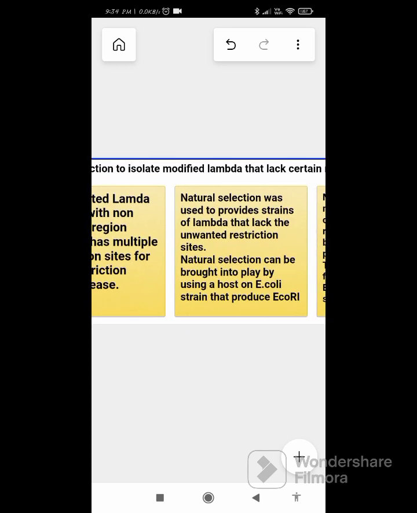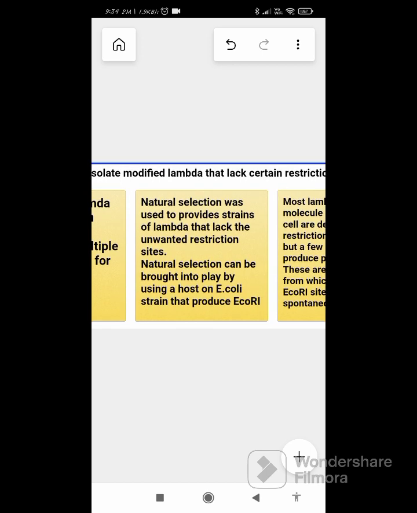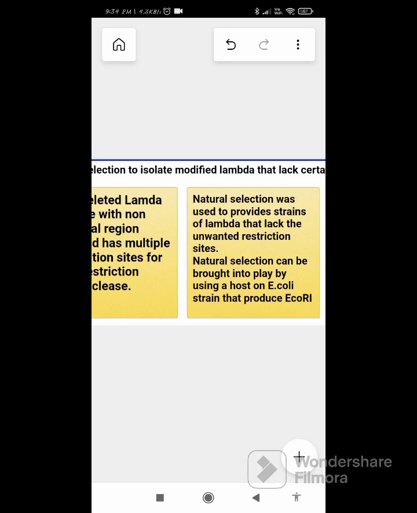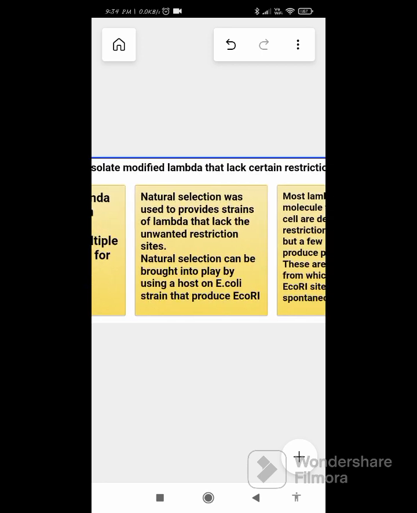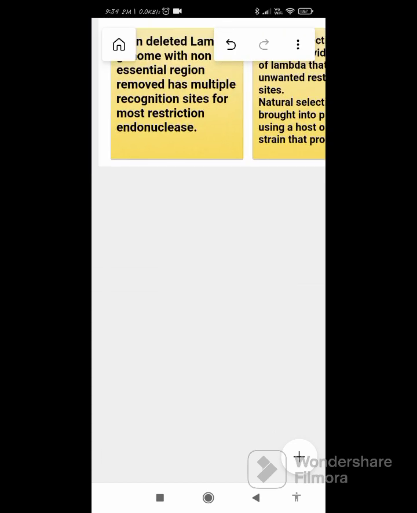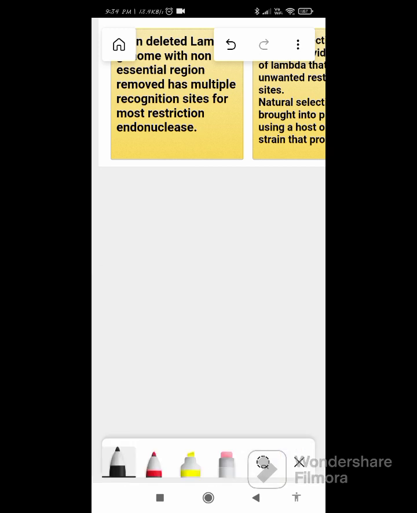If just one or two sites need to be removed, then we can use in vitro mutagenesis. I will write it here. So what is this in vitro mutagenesis?